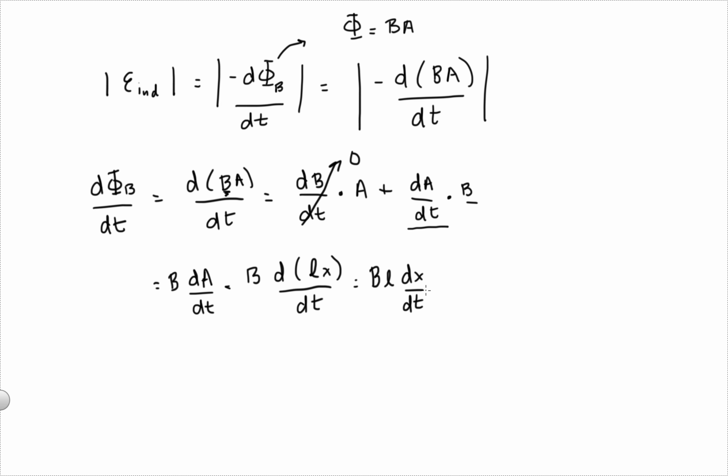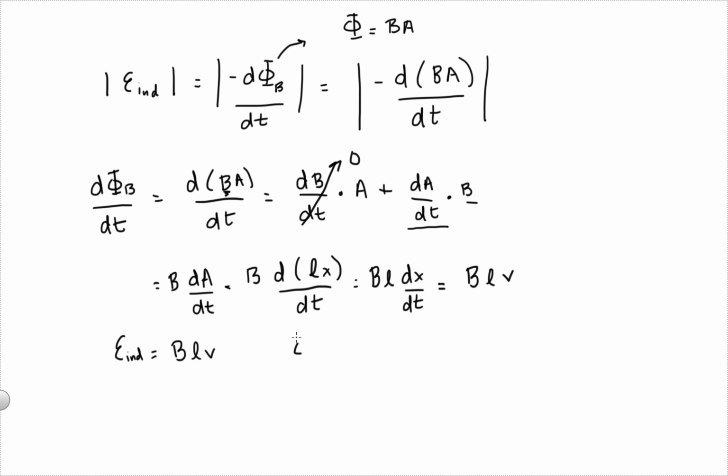And we know how to describe a change in position over a change in time. Well, that's just the velocity, or the speed in this case, at which our third bar is moving. And so this is our induced EMF: the magnetic field times the separation between those two thick wires or metals times the speed of that third piece.